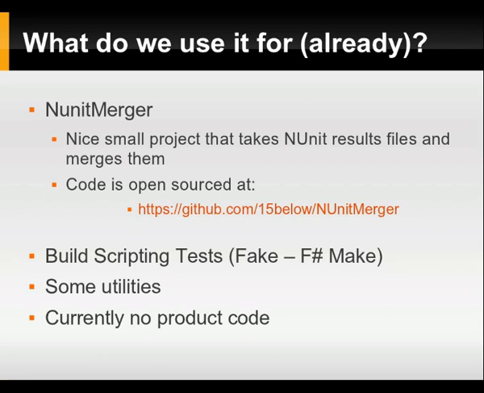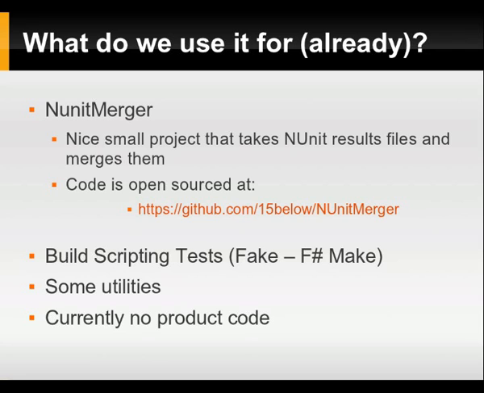We use it on a much smaller scale. We have a couple of projects that use it. There's a couple of utility projects. There's a little open source NUnit result merger that, if you want to just get a feel of what this language looks like, is actually quite a good place to start because it's very self-contained and it's quite obvious what it's trying to do. And we're also experimenting with something called Fake, which is F# make.